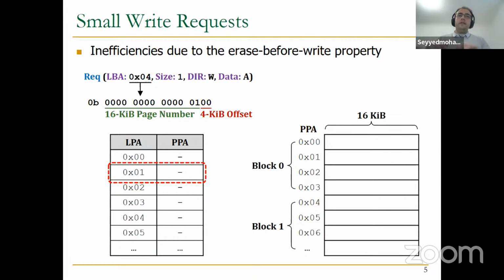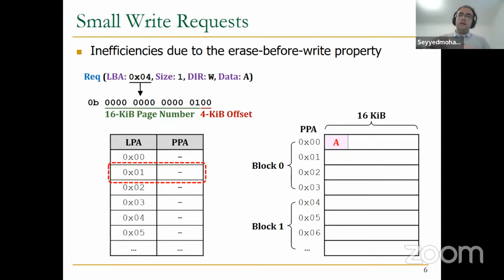So here we see that the page number is basically 1. We want to write data A with the size 1, so which is only 1 4 kilobyte data in logical page address 1.